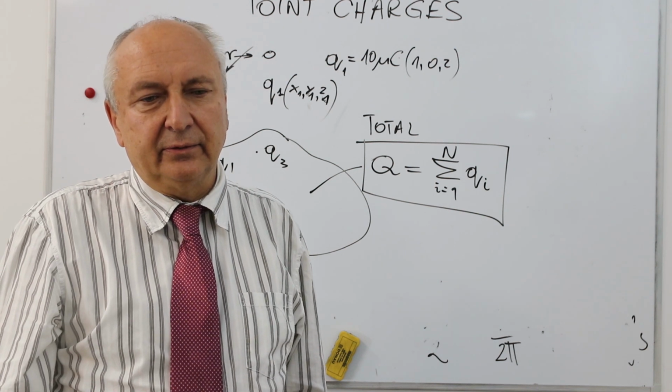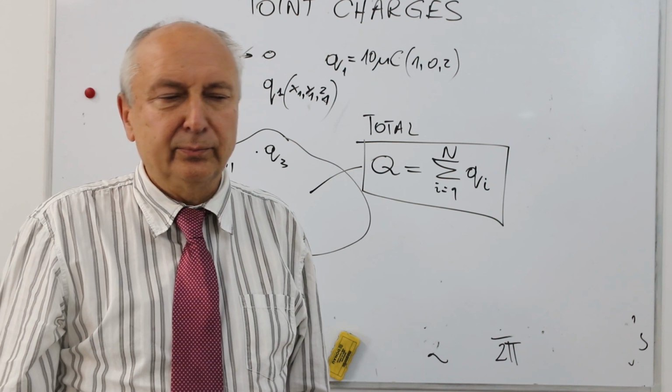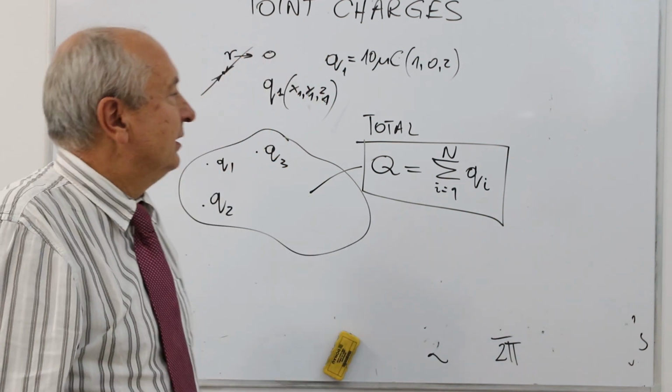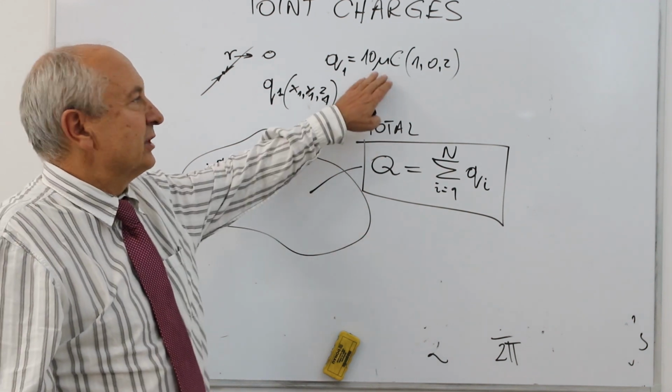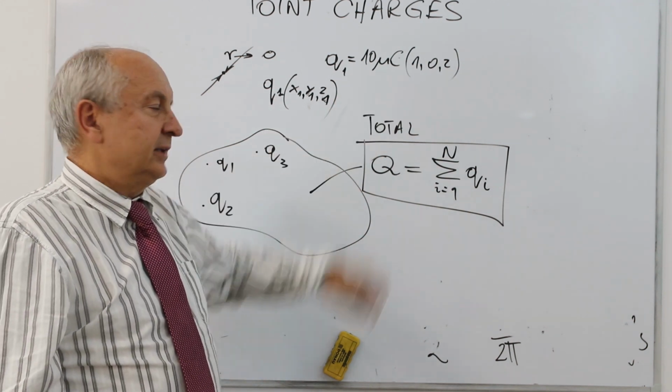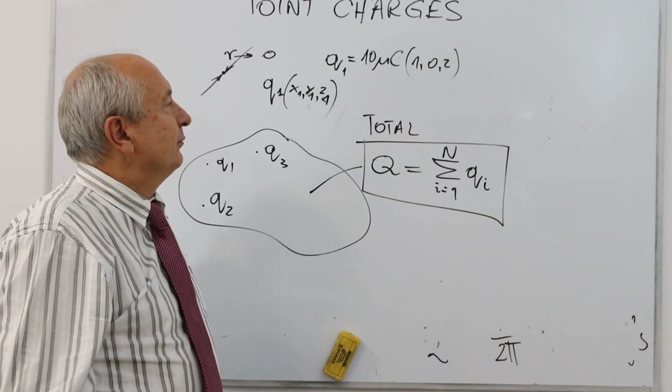Usually we will be speaking about microcoulombs, and in a microcoulomb we have a huge number of electrons that must be in a very small point.